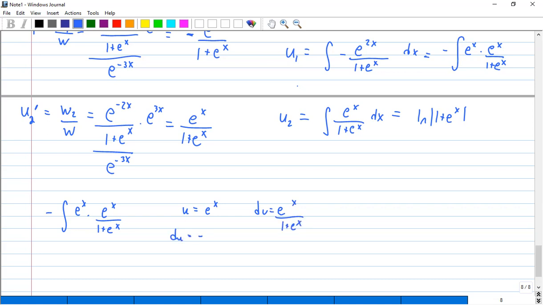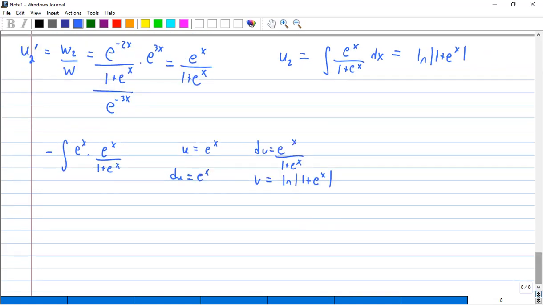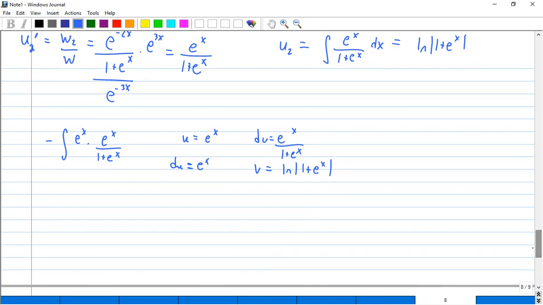Then my du would be e to the x, and my v would be natural log absolute value of 1 plus e to the x. The only problem with this is I don't know if I'm going to be able to do the resulting integral from my by parts formula, but I can try.